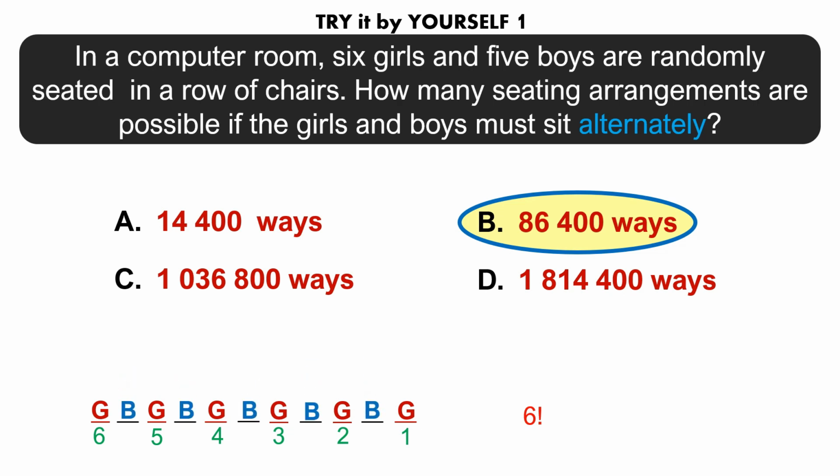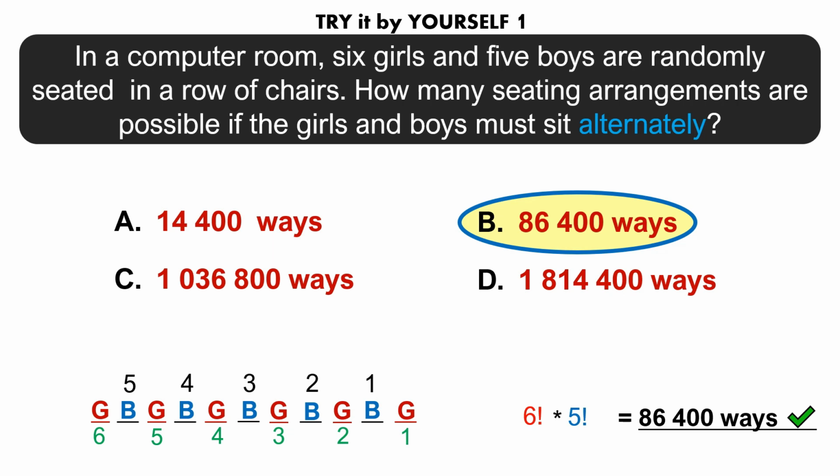And these boys can be arranged in any order among themselves in 5 factorial ways. So, all in all, by multiplication principle, 6 factorial times 5 factorial is equal to 86,400 ways of seating arrangements if the boys and girls must sit alternately.